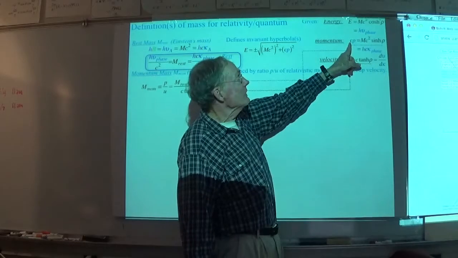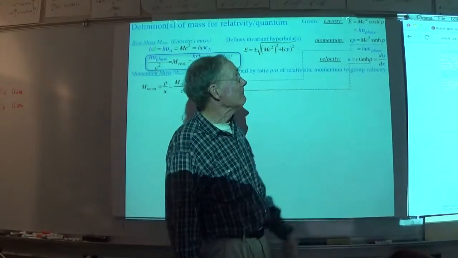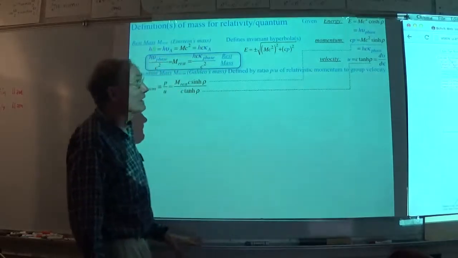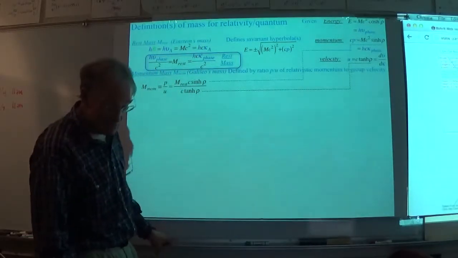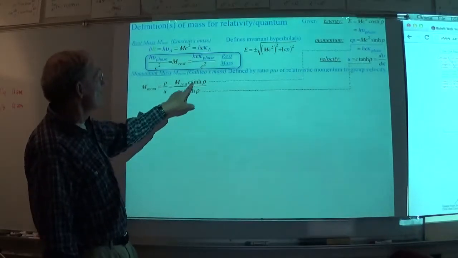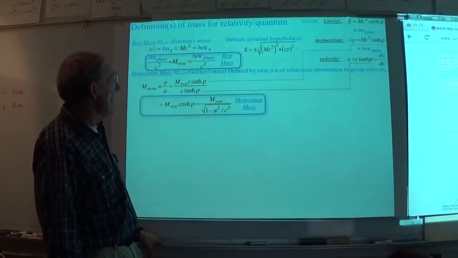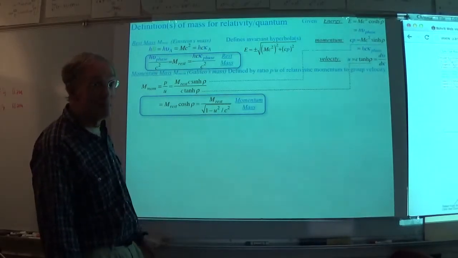Here's the cp, the momentum, mc squared hyperbolic sine, and it's h bar c kappa by our recent calculations. So we've got hyperbolic sine over tangent, and the only thing that survives is a hyperbolic cosine. That's momentum mass. You've seen that before, right?